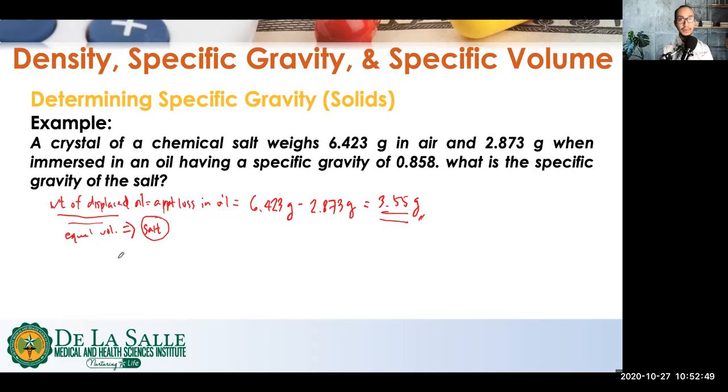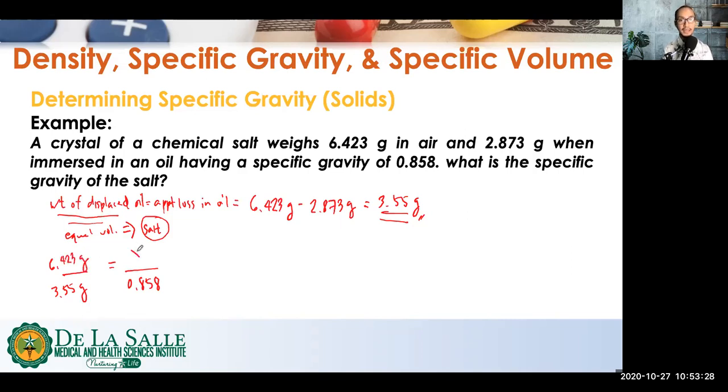The next thing that we will do is use the specific gravity of the oil, which is 0.858. As said in the previous slide, the weight of any substance is proportional to its specific gravity. Now, the oil that is displaced has a weight of 3.55 grams and its specific gravity is 0.858. An equal volume of solid, the chemical salt, has a weight of 6.423 grams.